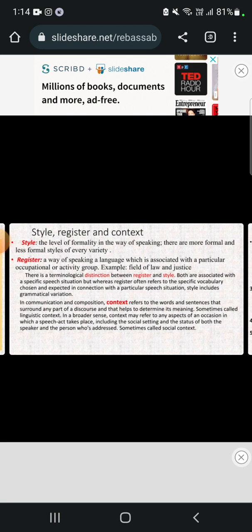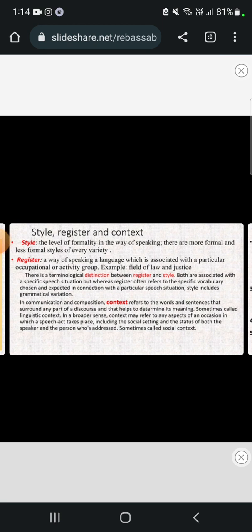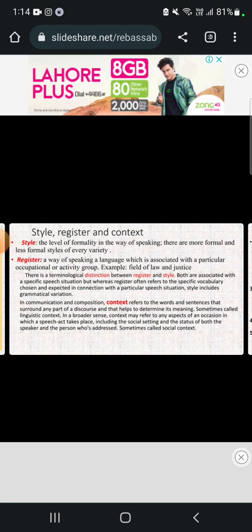It may be the occasion of the speech act, the social setting, or the status of both the speaker and the person who is addressed. This is called social context. When we are dealing with style, the context is explained as the setting of the speech act where it takes place, the occasion, and the social setting and status of both parties, the speaker and the addressee.